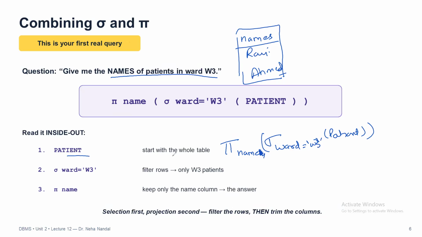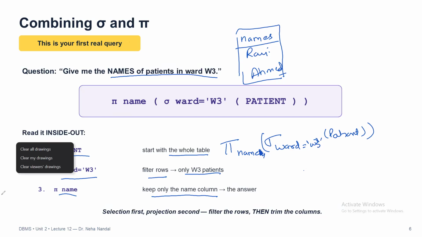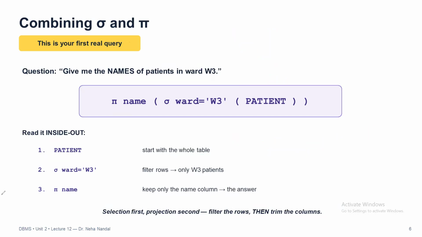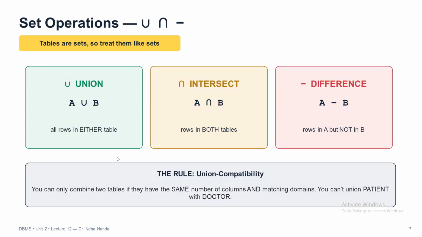It starts with the whole patient table, first selects the rows, only W3 patients, and then keeps the name column only. And that is your output. Selection first, projection second: filter the rows, and then trim your columns. We are going to do so many questions on such types of queries, and you will understand it way more than this. I hope you got some idea from this part.